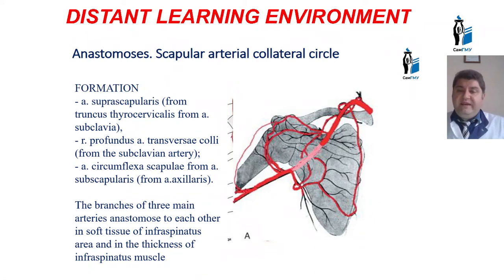You may see that if the artery has atherosclerotic disease and the blood supply is blocked here, in this pink colored place, the blood supply of the upper limb does not stop because the anastomoses work, and blood is supplied through these pathways to the free upper limb.